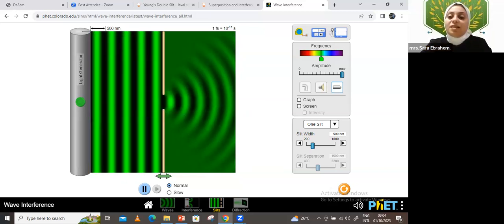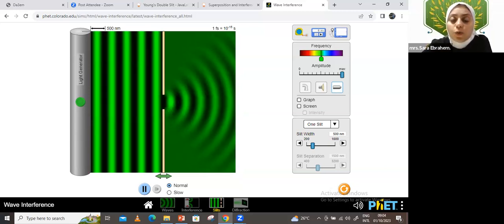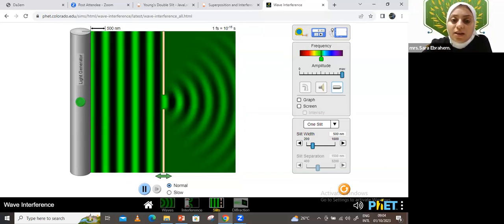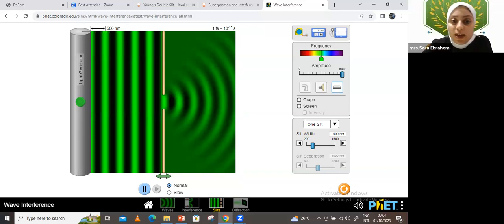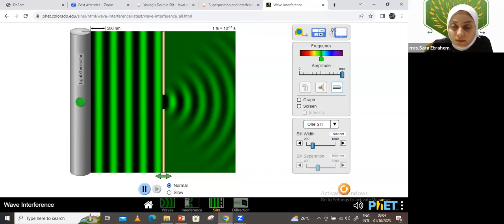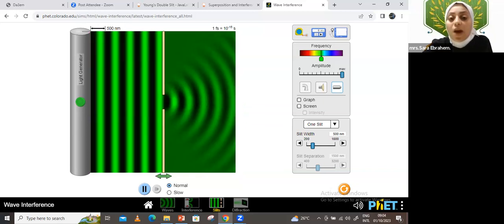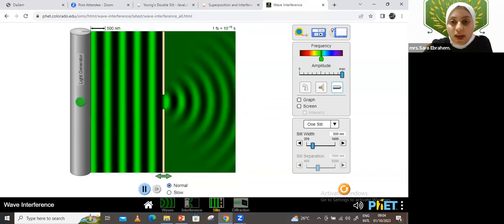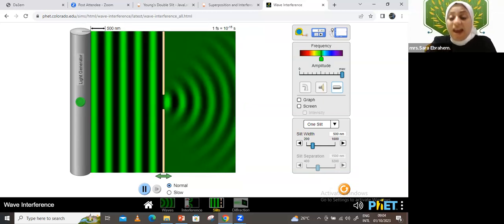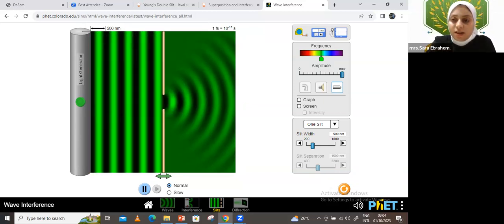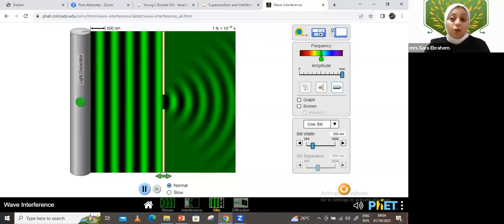Wave front is the surface of the wave, and all points on it have the same phase.